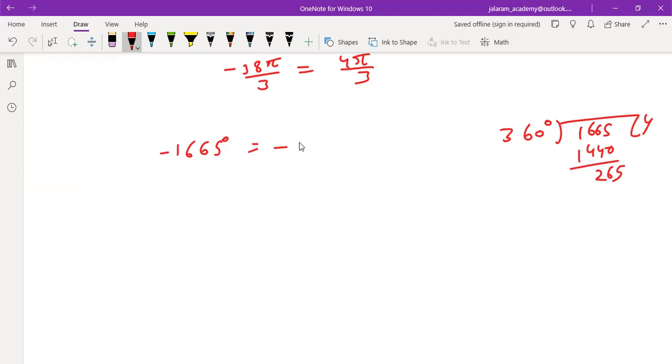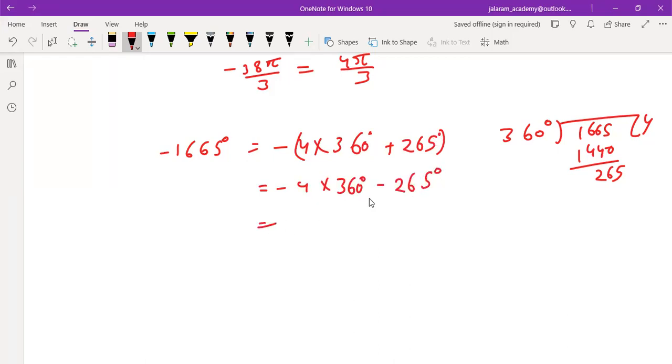So it is minus 4 into 360 degree minus 225 degree, or you can write it inside a bracket: minus 4 into 360 degree minus 265 degree. This 360 degree is equivalent to 0.